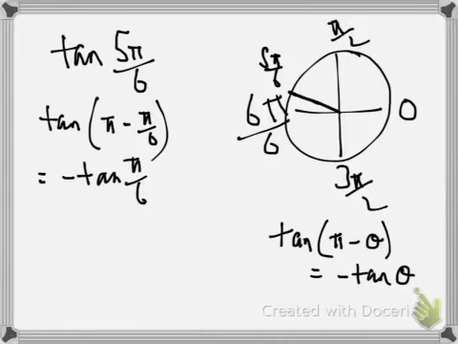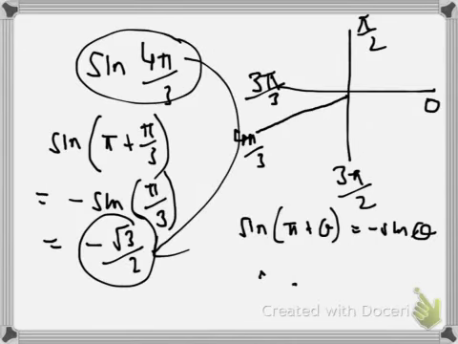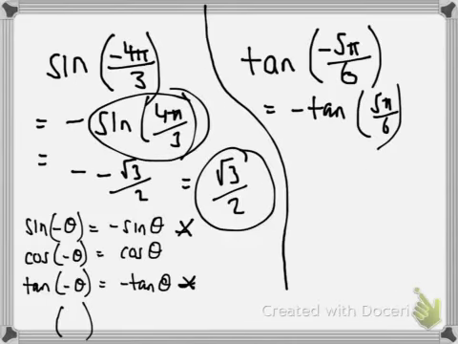And tan pi on 6 is root 3 on 3. So it's going to be negative root 3 on 3. Alright, back to our problem. So it equals negative of negative root 3 on 3. Answer, root 3 on 3.